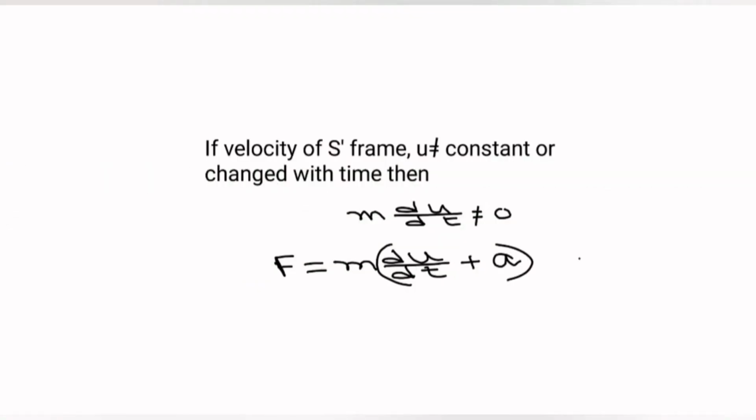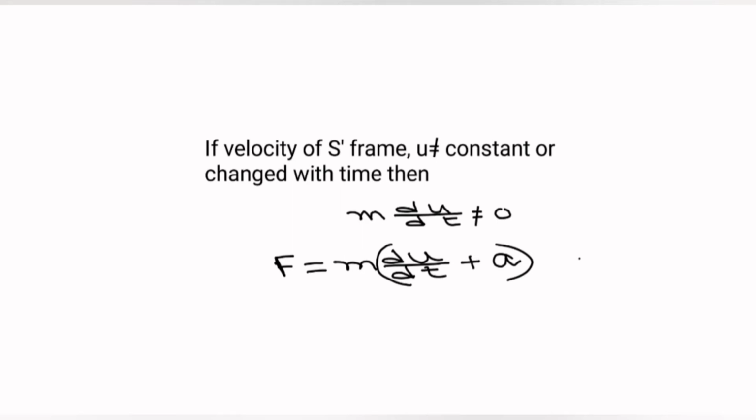In the S frame, F equals ma, but in the S dash frame, it will be F equals m du/dt plus ma, or F minus m du/dt equals ma. We have added m du/dt to keep Newton's law purity in the S dash frame.